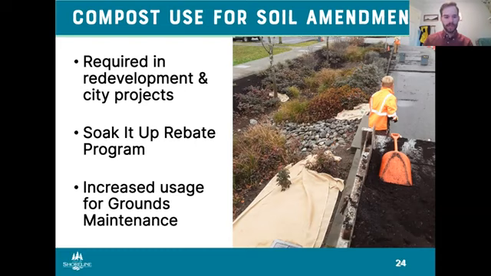That could include native trees and includes amending the soil with compost. And then we have requirements from the state to the city to use compost where we can in city projects. And we require private developers to amend soil with compost when putting in landscapes and amenity zones. Next slide.